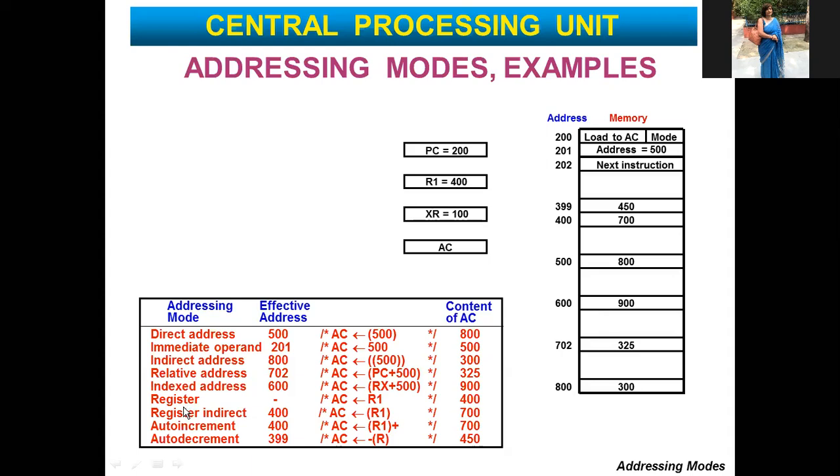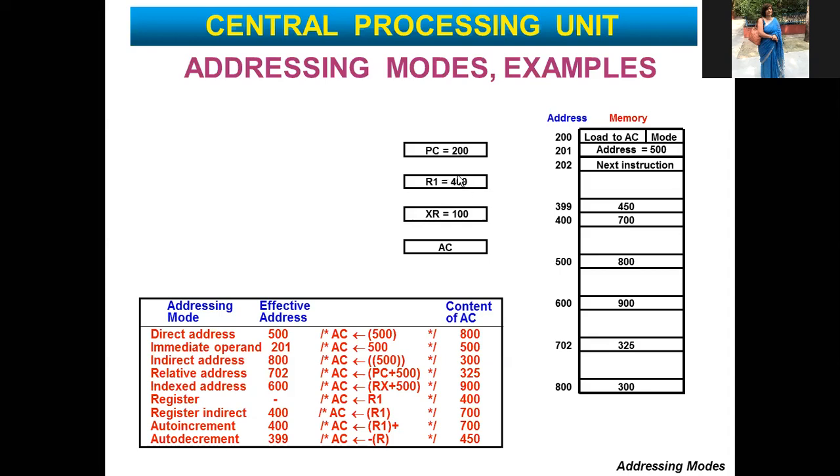Now we switch to the next kind of addressing mode, that is register indirect mode. It's similar to the previous addressing mode, the register mode we already talked about. We need to come to R1, and in R1 this 400 further will work as the address of the final operand in the memory.